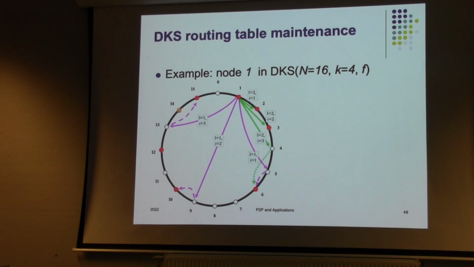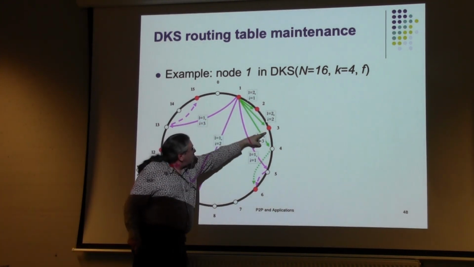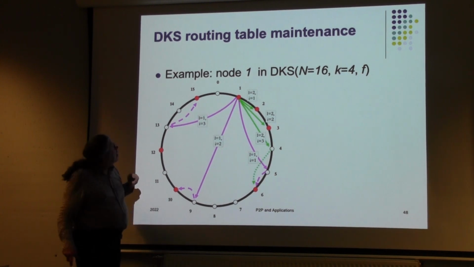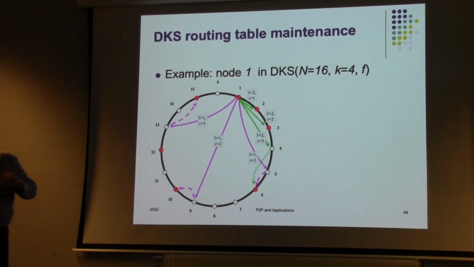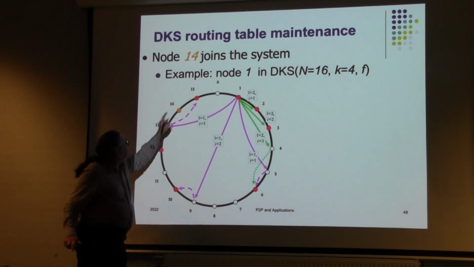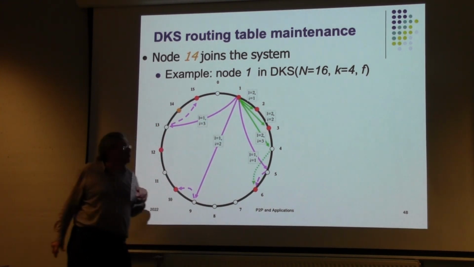So let's say here I have a system: 1, 2, 3, 6, 10, 12, and 15. And assume that a new node comes in, node 14, here. So what does that mean? It means that the routing table for node 1 has to change.